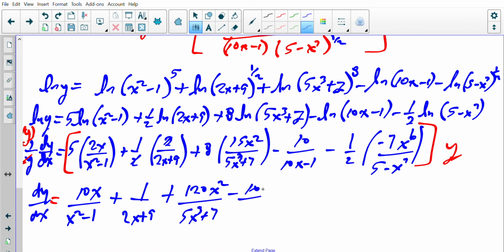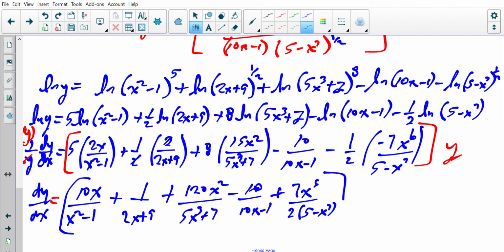Subtract 10 over 10x minus 1. Not much to tidy up here. I could go minus minus and say it's really a plus, 7x to the 6th over 5 minus x to the 7th. Now I'm going to put a big square bracket around all of this.